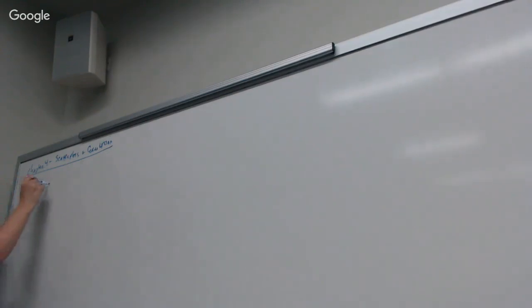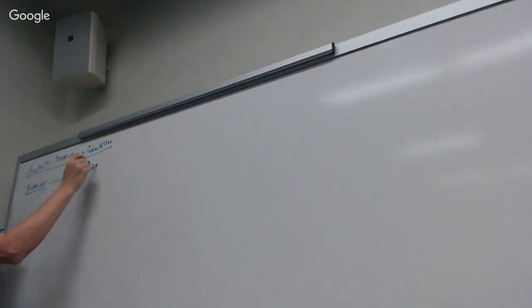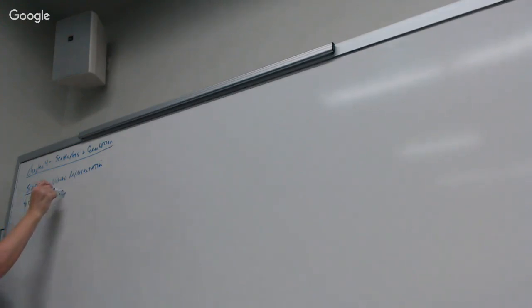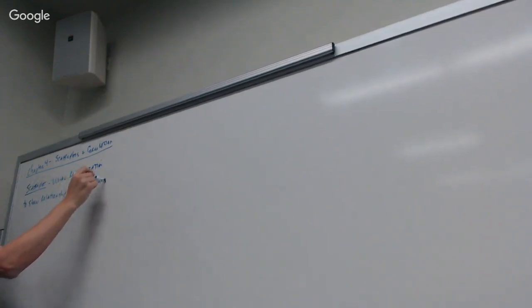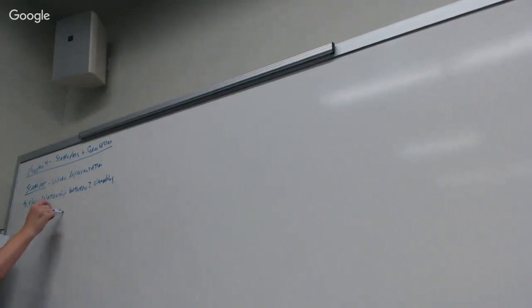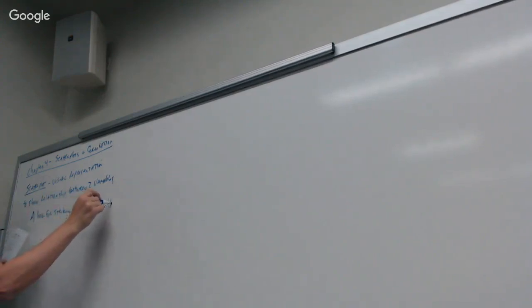A scatterplot is a visual representation to show the relationship between two variables. Okay? And so, you're going to look for A, striking deviations, also known as outliers.